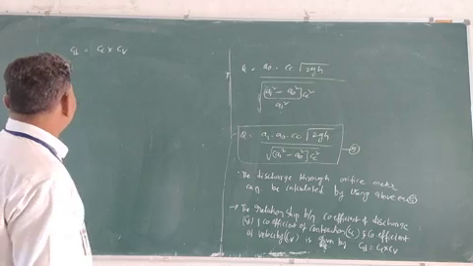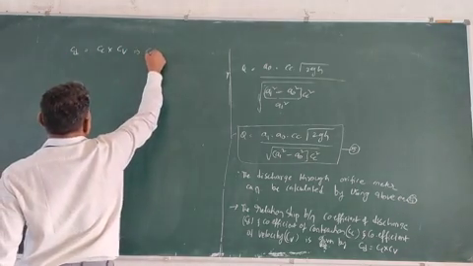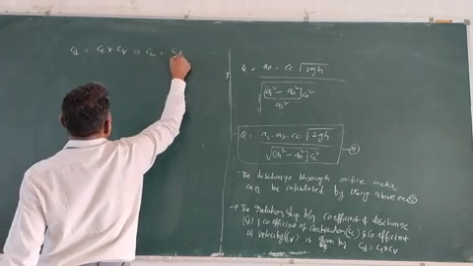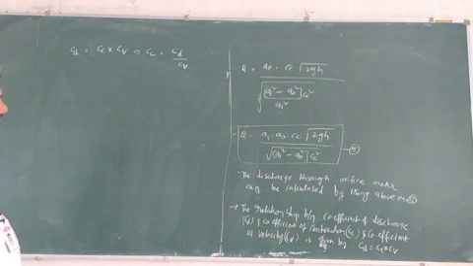Now write the expression for CC. This implies CC is equal to CD by CV.